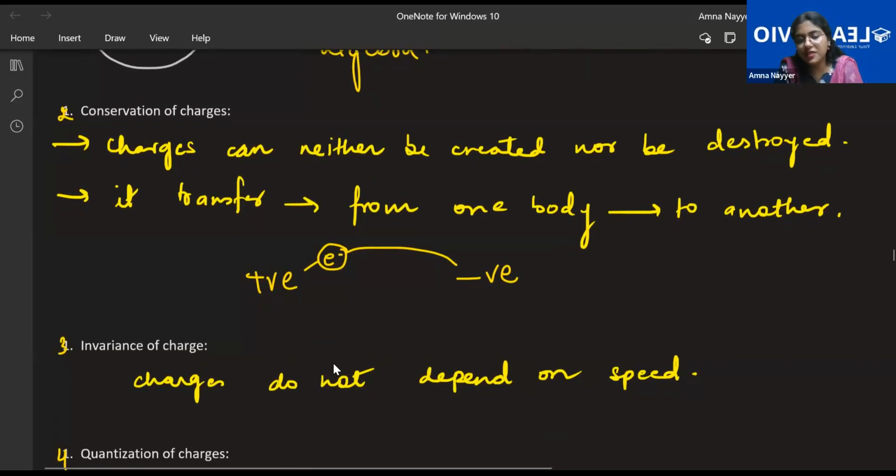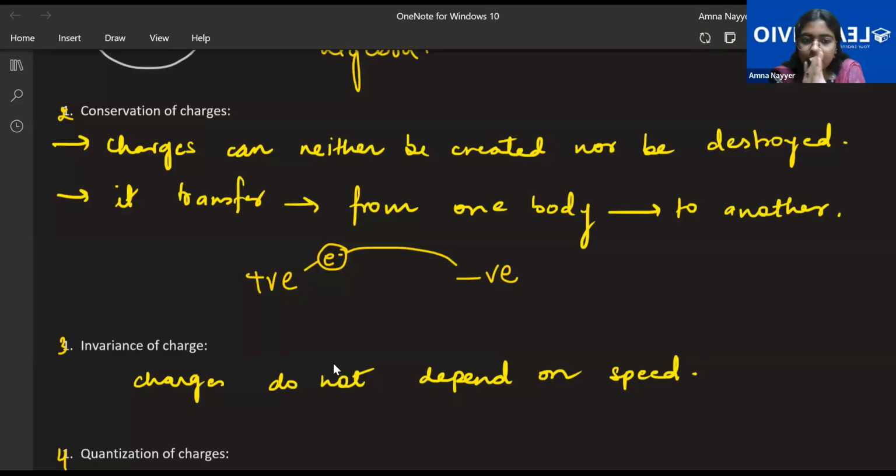Third is invariance of charge. This means charges do not depend on speed. This is where the difference between mass and charge comes from. Masses are also intrinsic properties of matter, like charges, fundamental concepts.